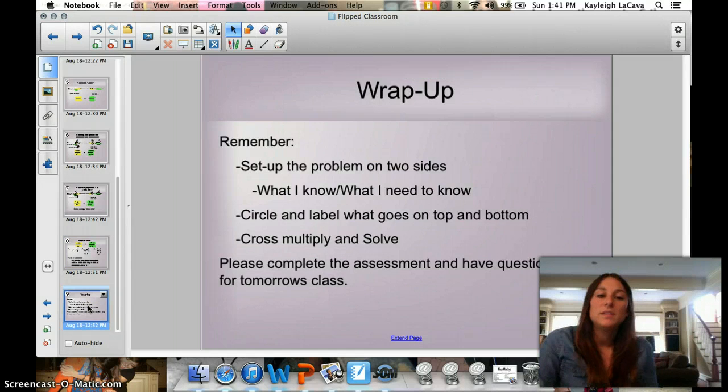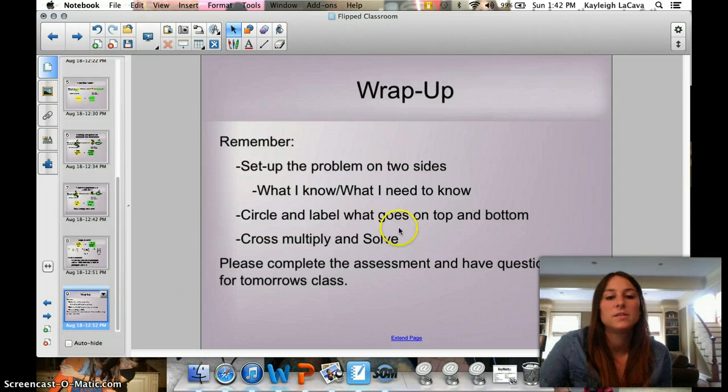So, based on this, I need you to remember how to set up the problem on 2 sides. What I know and what I need to know. What I know on the left, what I need to know on the right. Circle and label what goes on top and what goes on bottom. So after we've highlighted, we need to decide what goes on the top, what goes on the bottom, keeping in mind that if dollars are on the bottom, dollars need to go on the bottom on the other side as well.